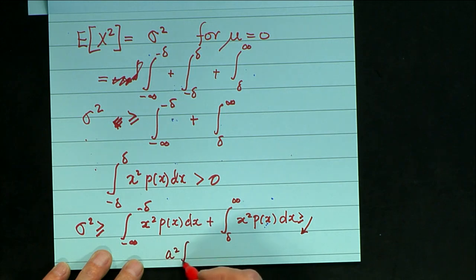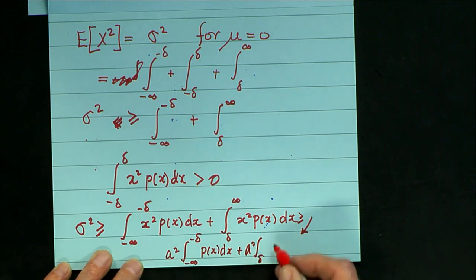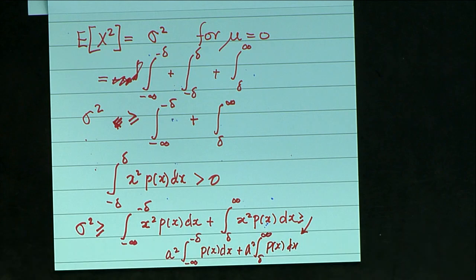A squared, minus infinity to minus delta, p of x dx, plus A squared from delta to infinity, p of x dx. Because this is always greater than that. So that means that these two integrals are greater than these two integrals.